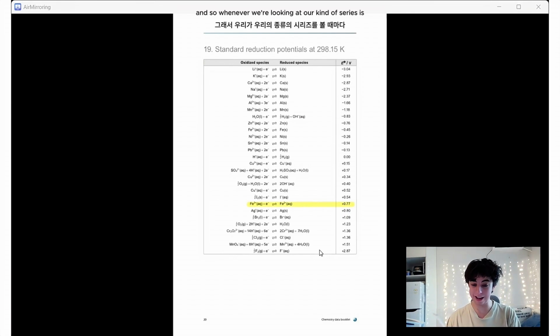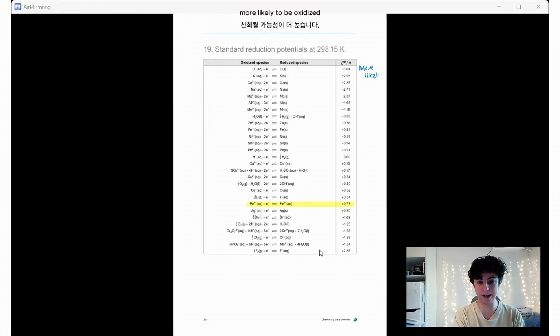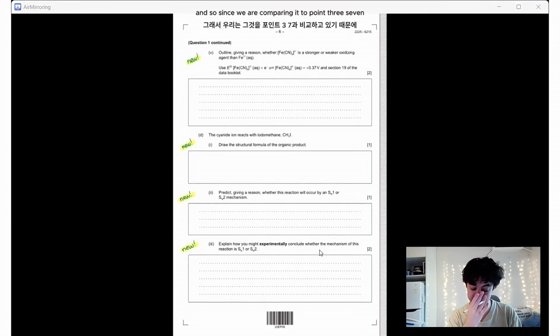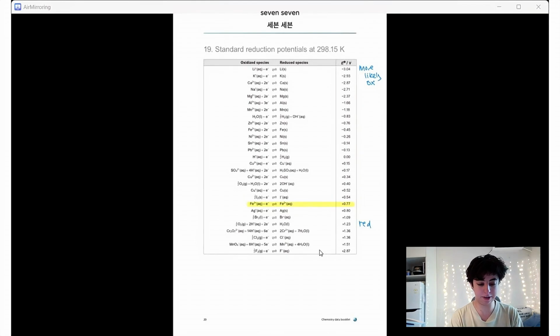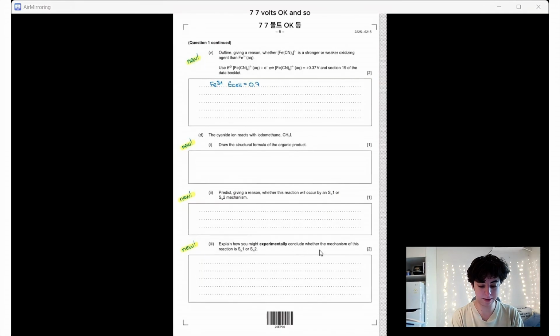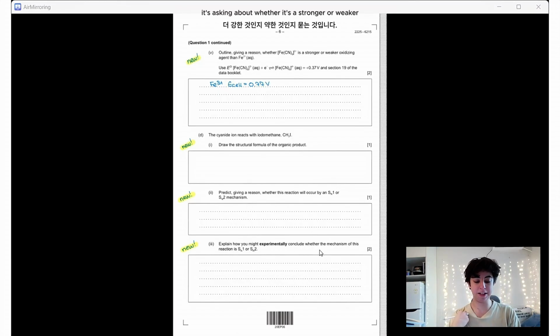And so whenever we're looking at our series, you have to remember that up here is going to be more likely to be oxidized. The more negative the value is, the more likely to be oxidized, and the more positive the value is, the more likely to be reduced. Since we are comparing it to 0.37, I'm going to put over here for Fe3+ E cell is equal to 0.77 volts. And it's asking about whether it's a stronger or weaker oxidizing agent.